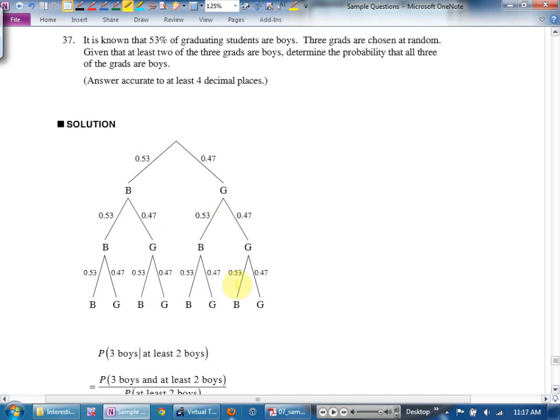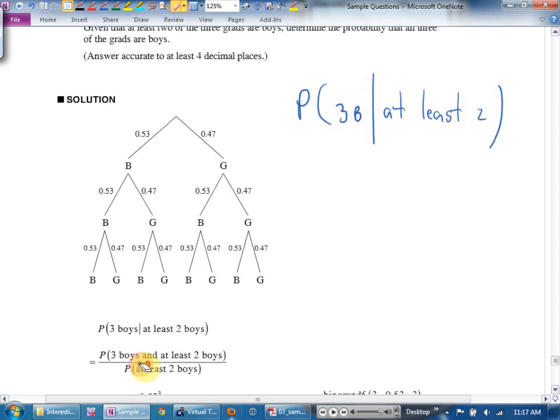Which is going to be the and divided by the given one. Now this is tricky. At least 2 boys, that's this branch, or this branch, or this branch, or this branch. I don't think any other branch has at least 2 boys.